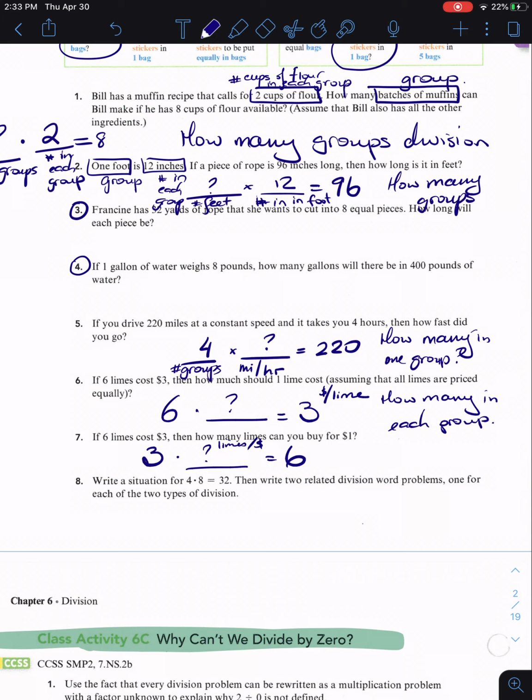That's going to be a total of 6. So this is also a how many in each group, but a very different question. Okay, all right.